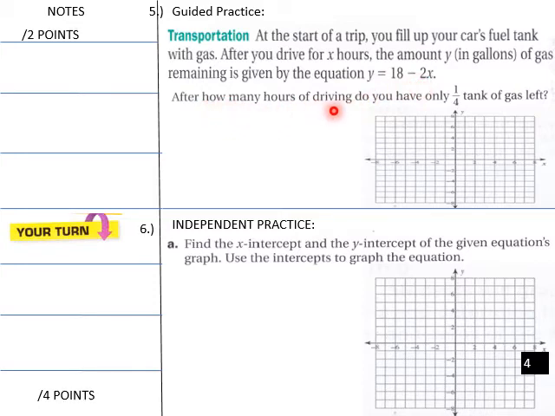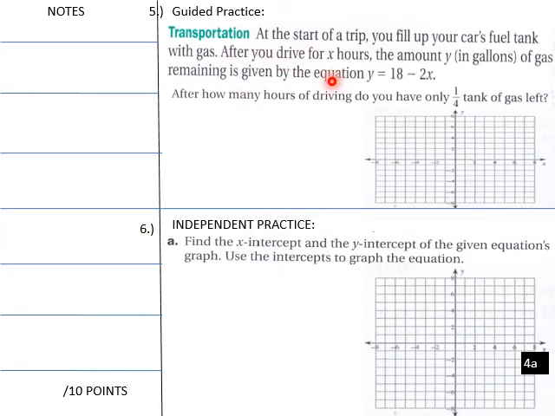After how many hours of driving do you have only 1/4 of a tank of gas left? That is the question down here, students. Find the x and y intercepts of the given equation. Use the intercepts to graph the equation. This is your A.